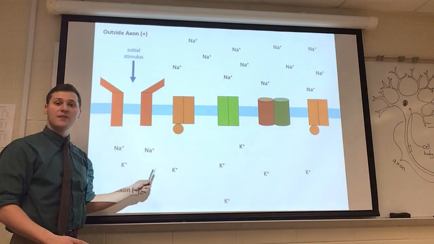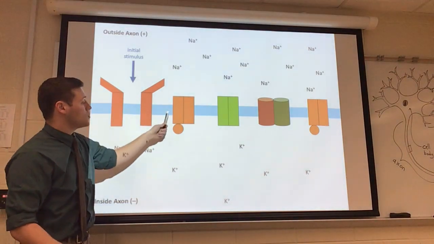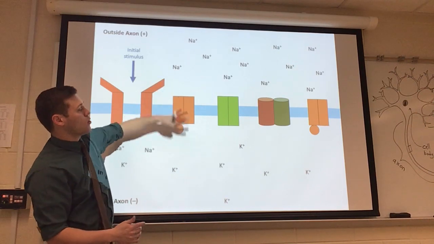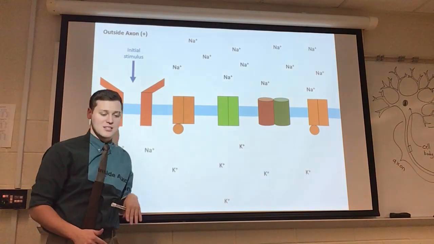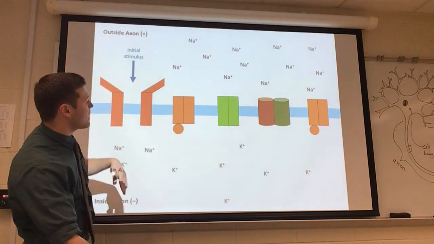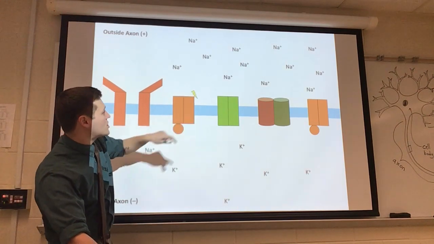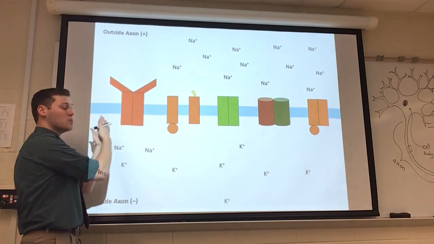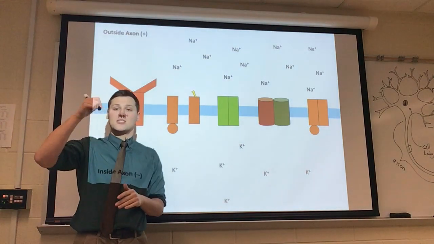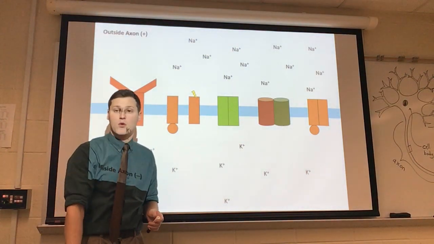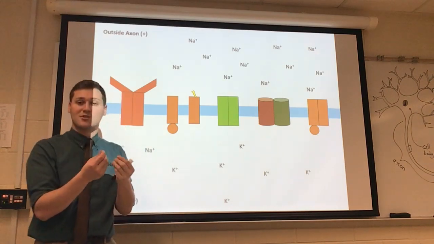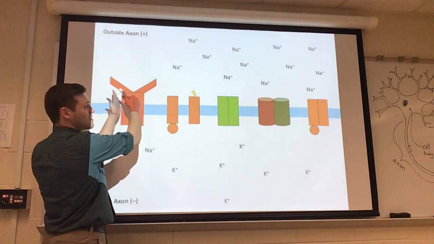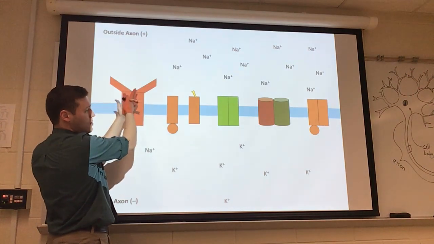Now, if we let enough sodium in, that's going to change the voltage, change the net polarization between these two sides of the membrane, and that's going to trigger this voltage-gated channel to open. Now notice, this channel closed. That's because the initial stimulus is no longer there. If I brushed up against something, that initial stimulus is going to be brief, but as long as that stimulus is there, it'll be open. If it's not, it'll close.